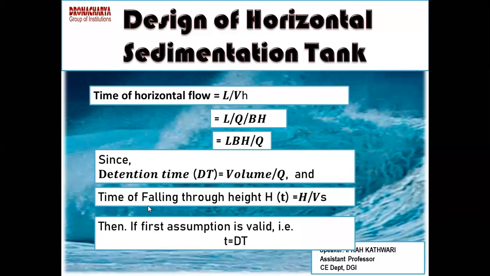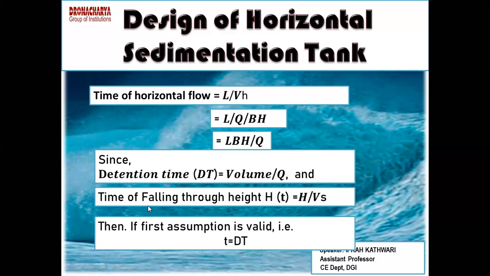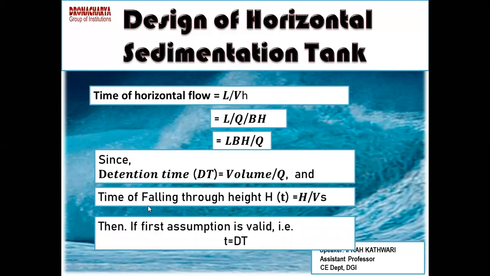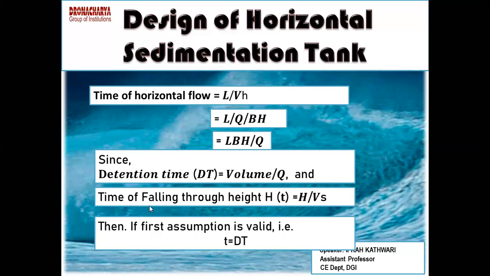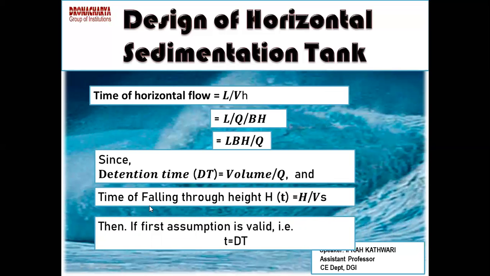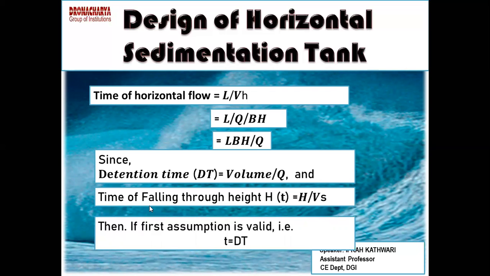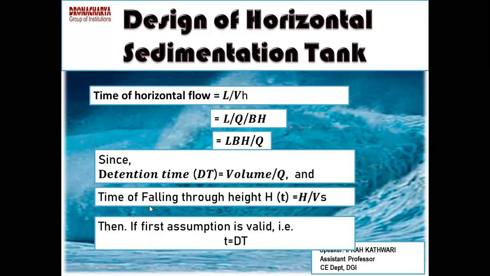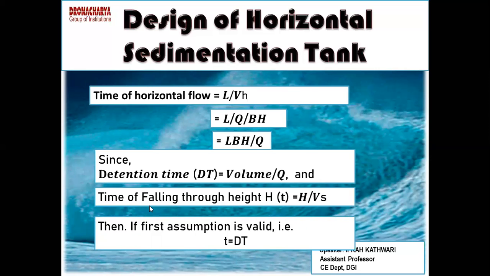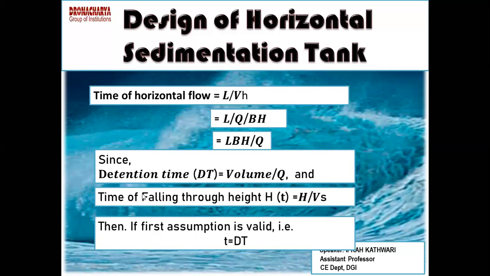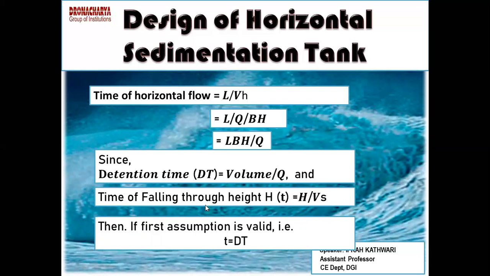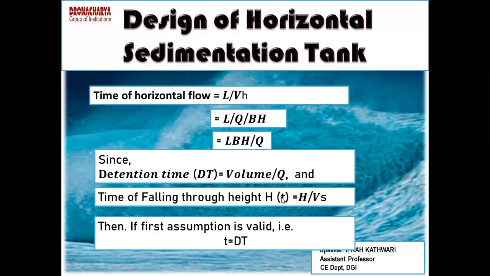Then if we take the first assumption that I already discussed with you, what was the first assumption? The assumption was that once the particle reaches the bottom, it settles down and it is removed. If we take that assumption into consideration, in that case this time of falling through height t will be equal to the detention time.